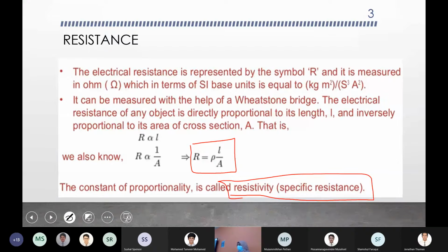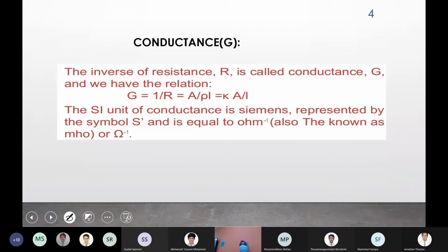The next term I want to discuss is conductance. What is the difference between conductance and resistance? They are opposite. Resistance is the opposing thing that affects the flow of current. Conductance means how easily the current can go through. It is the reciprocal of resistance. Conductance has the notation G, and G is the reciprocal of resistance R, so G is equal to 1 by R. The SI unit of resistance is ohm.